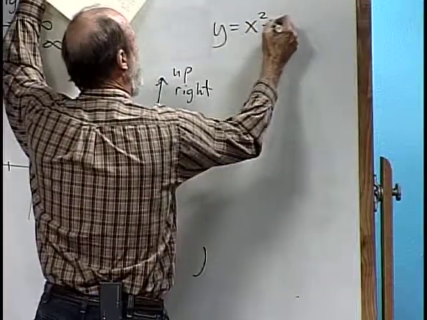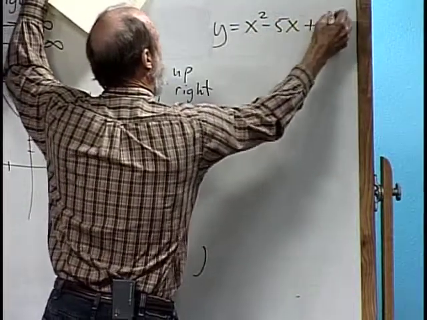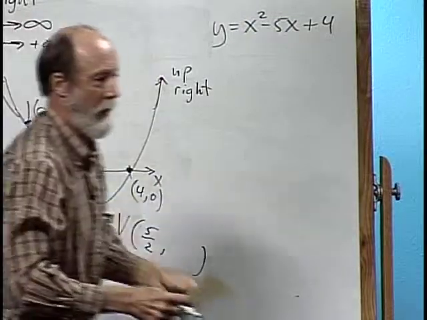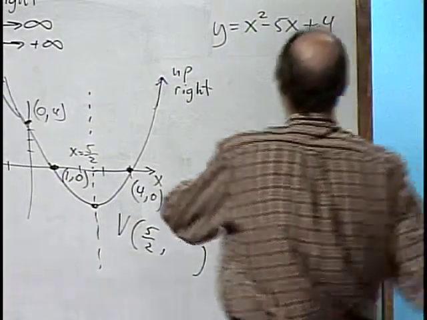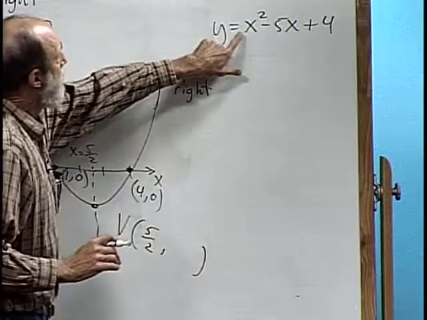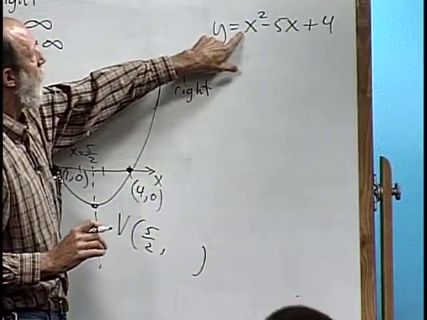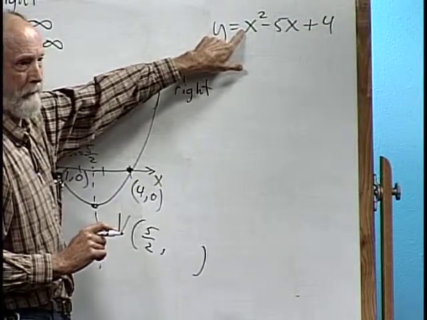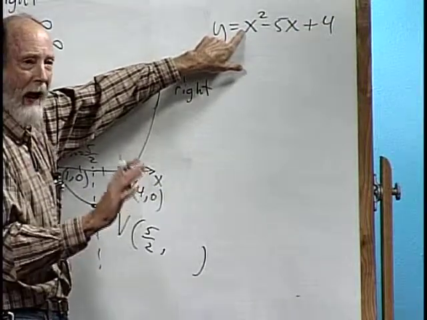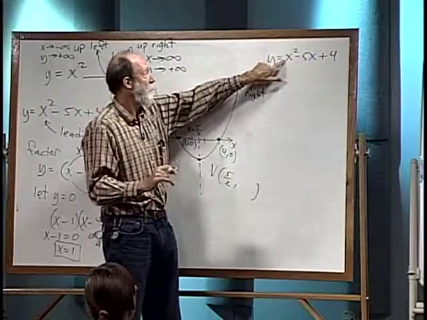x squared minus 5x plus 4. We have a coefficient on the quadratic term of 1. We need to have that set up that way to be able to complete the square.